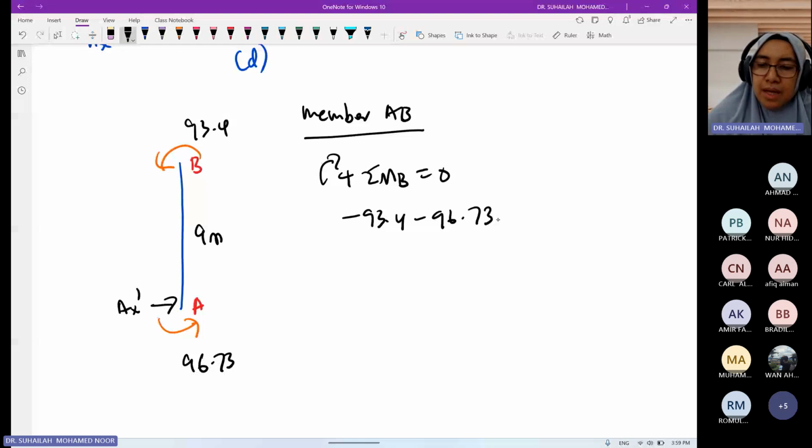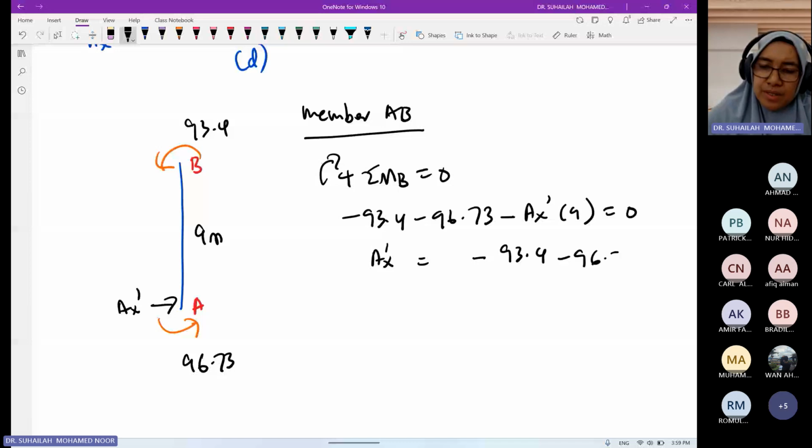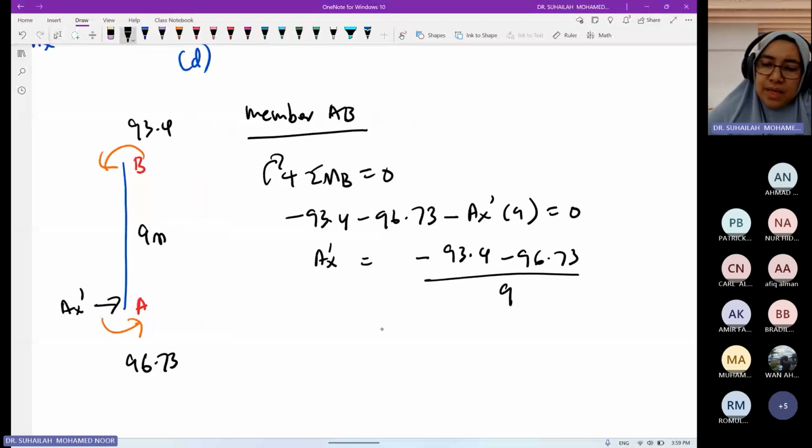Semua negatif. AX prime kali dengan 9, 0. So AX prime we get negative 93.4 minus 96.73 divided by 9. Okay, divide by 9. So we get the AX.